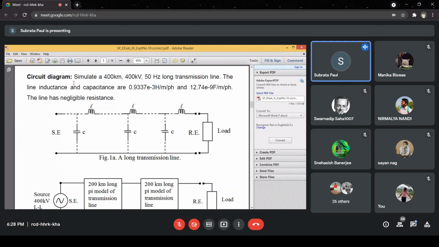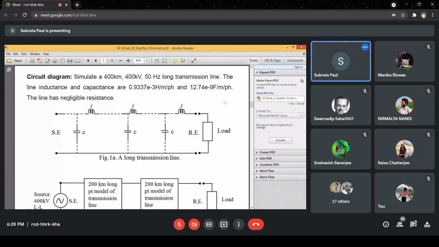Here we have taken a sample, a 400 kilometer, 400 kV, 50 hertz long transmission line. The inductance and capacitance per unit length, per meter per phase, are given. Resistance, conductance, etc. are neglected.